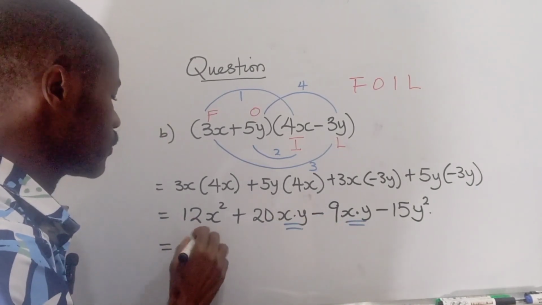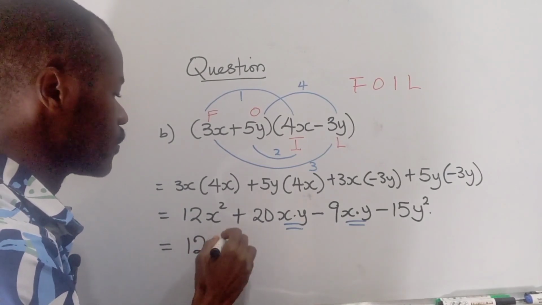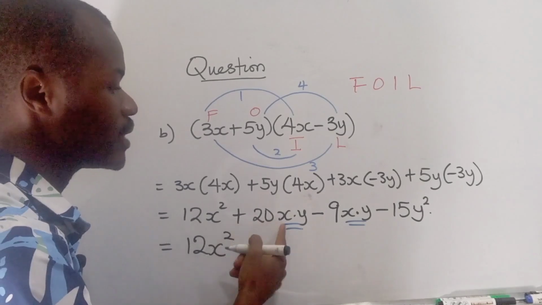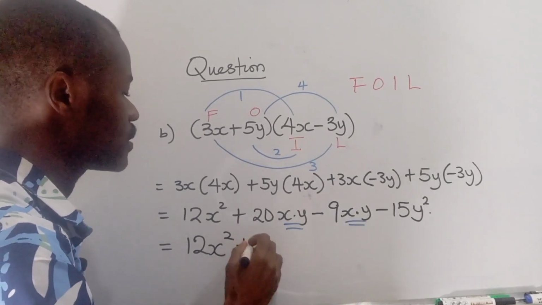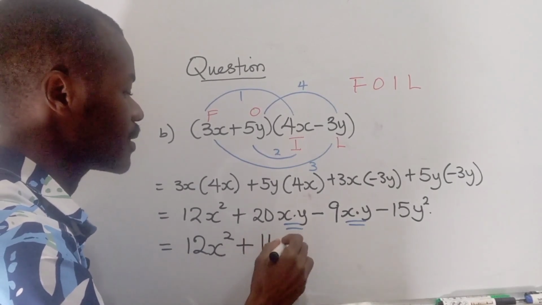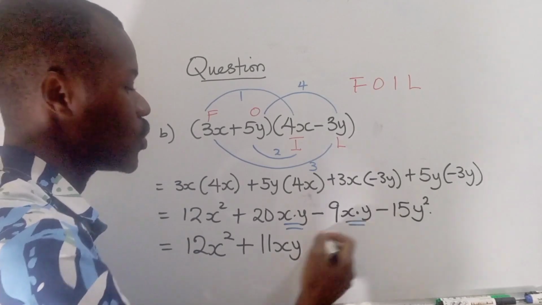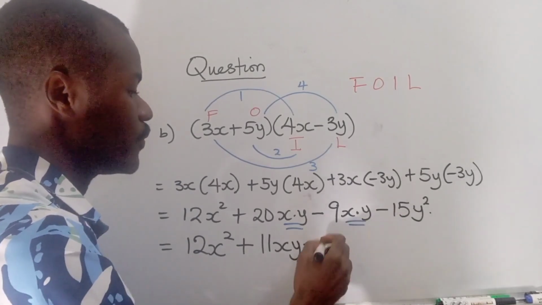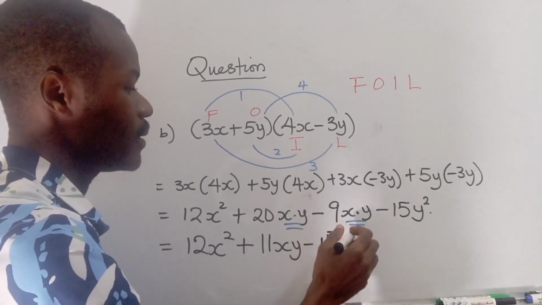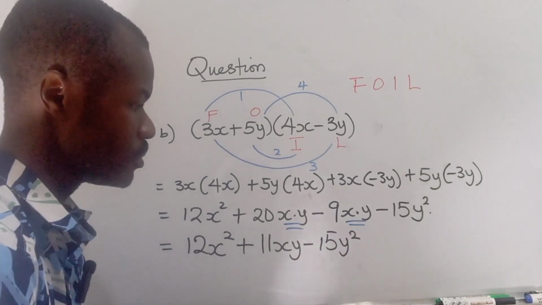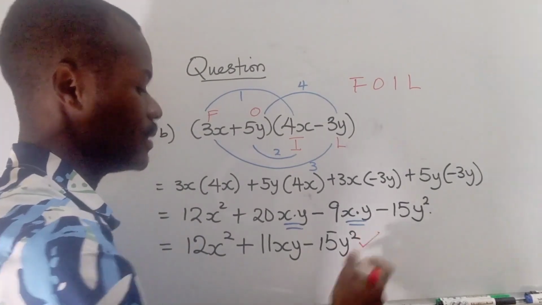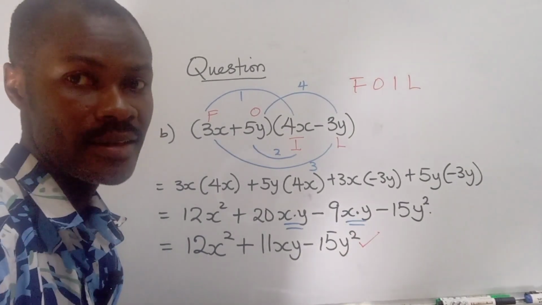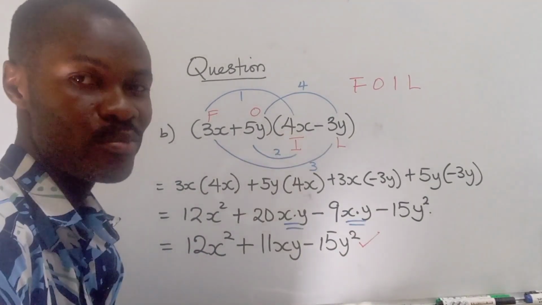So we have 12x to the power of 2 plus 20xy minus 9xy, which is going to give us plus 11xy. So we have minus 15y squared. So at this point, I think this is the solution or answer to this problem.